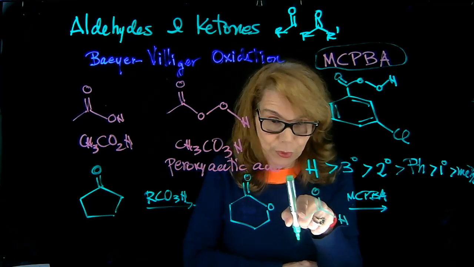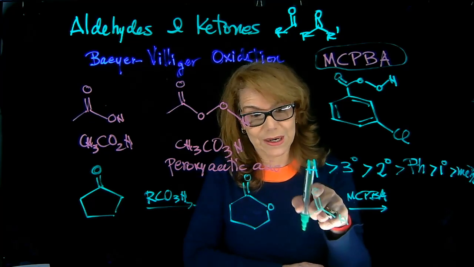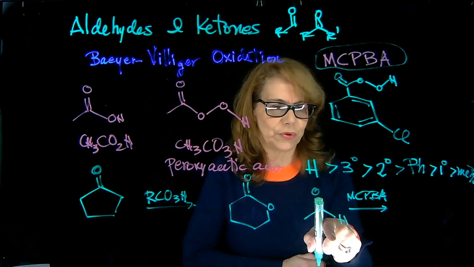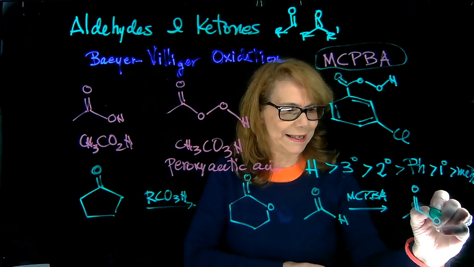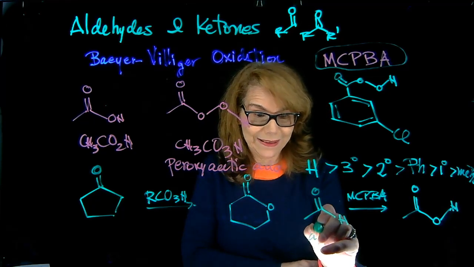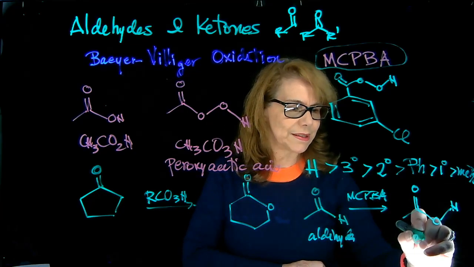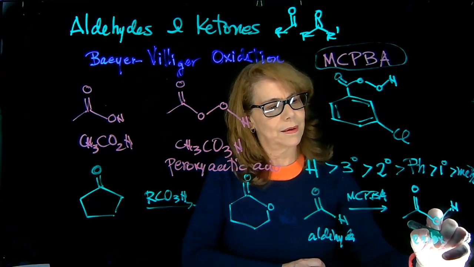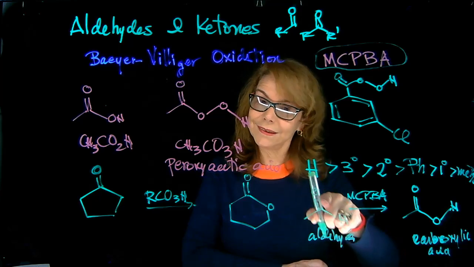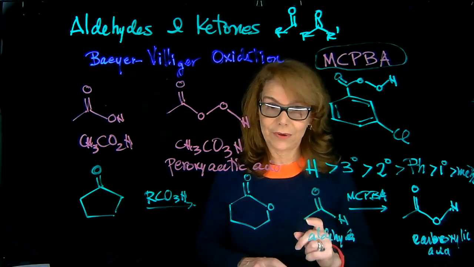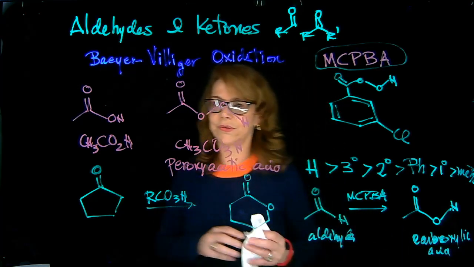So I need to decide where I am inserting the O. The aptitude for migration, the largest one, the migration is faster, is for the hydrogen. So I'm going to insert the O on the side. And what we're making is a carboxylic acid. So aldehydes, because they have a hydrogen, they always make a carboxylic acid, because again, the hydrogen has the greater migration aptitude.